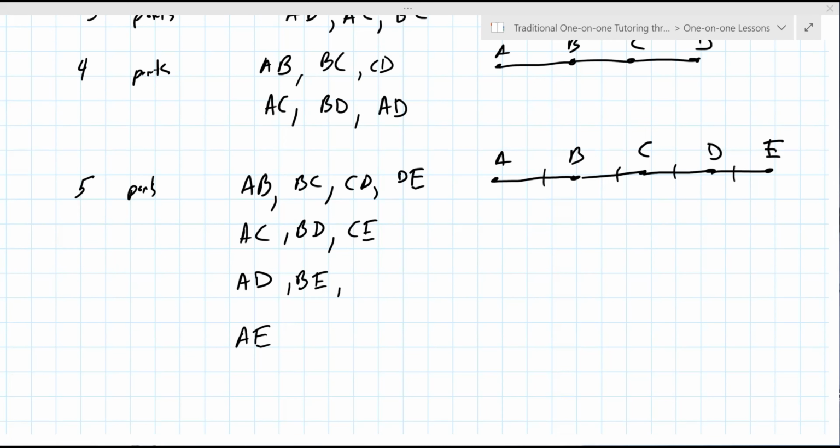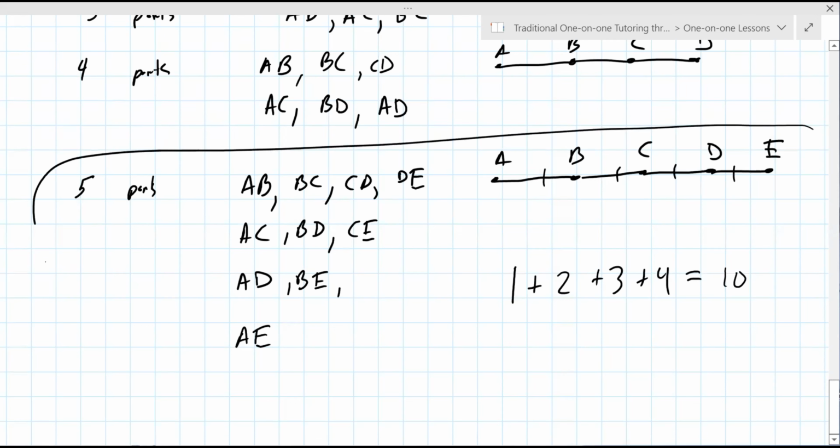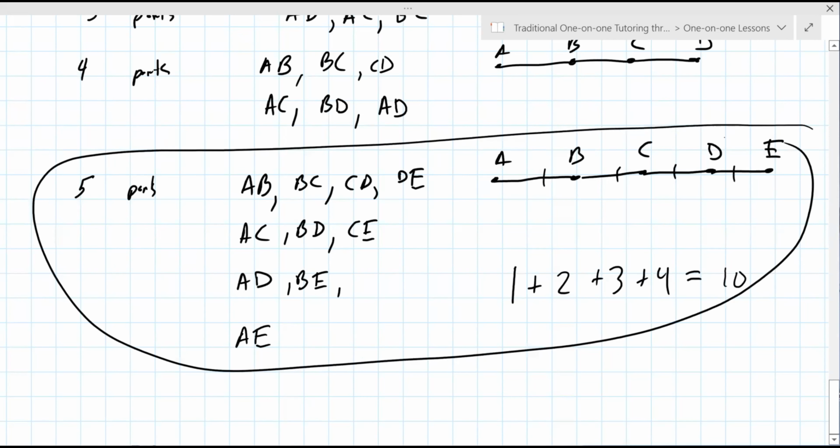All right. So the answer is how many of these there are. So there is 1 plus 2 plus 3 plus 4 possibilities. So this adds up to 10. And that's your answer, but you need to show all this work to get there.